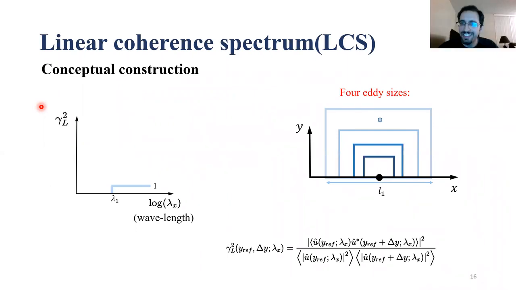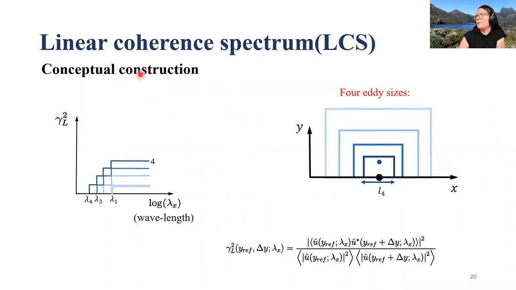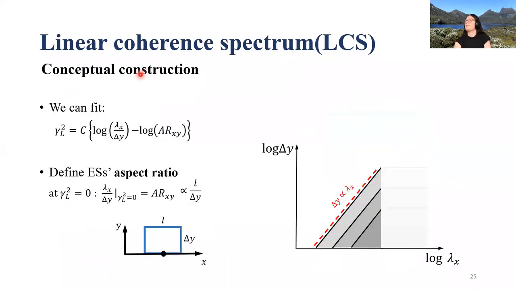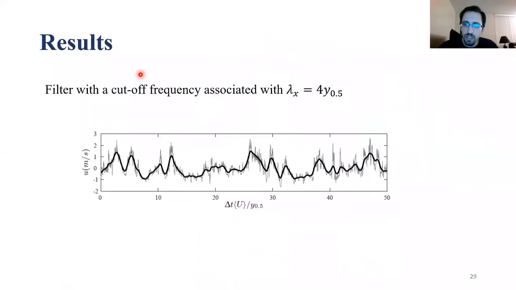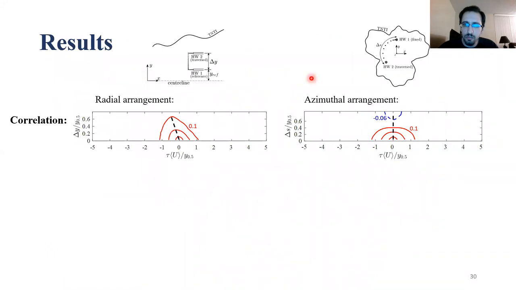Maybe Rohit, you could explain the question a little further, either in the chat or by unmuting. It's not quite clear. I'm not sure which one the question was referring to. Maybe unless Rohit clarifies.